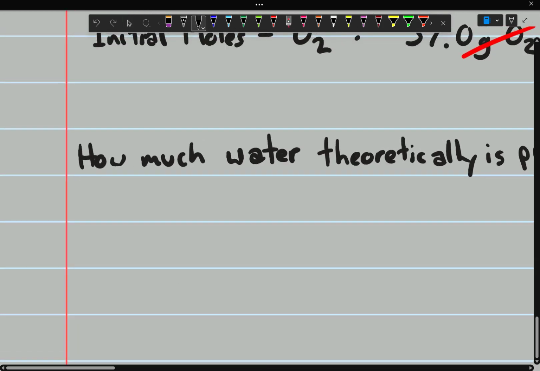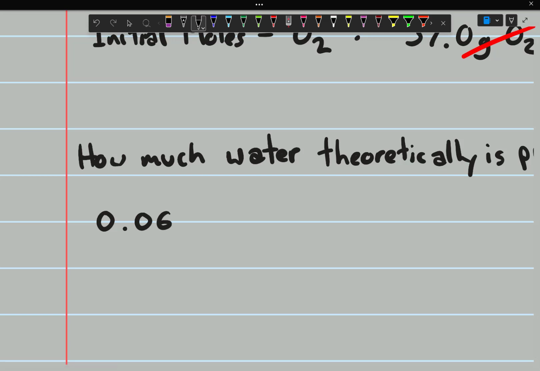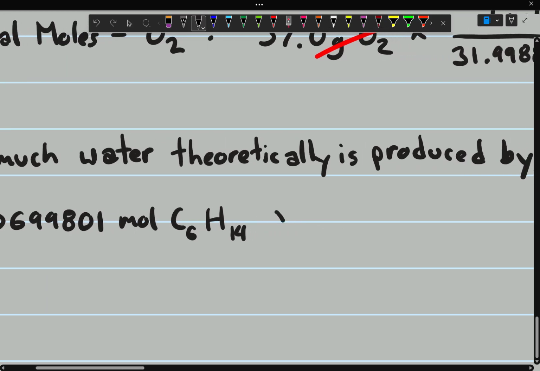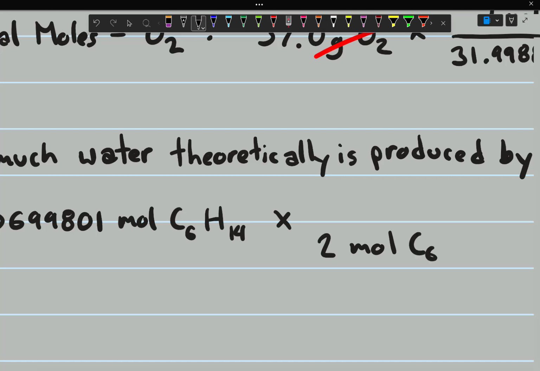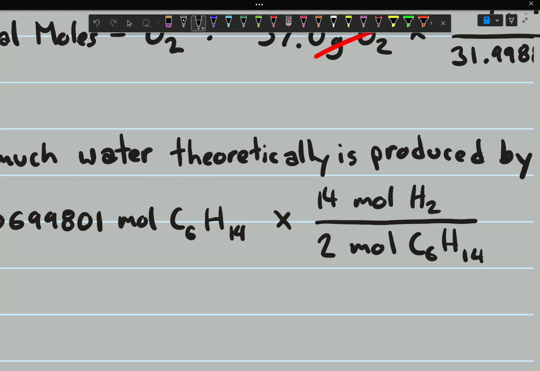So to write that out, this is going to be 0.0699801 moles of hexane multiplied by the molar ratio, which is for every 2 moles of hexane, we produce 14 moles of water.